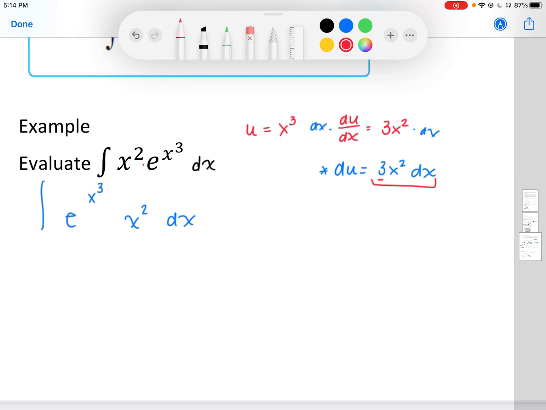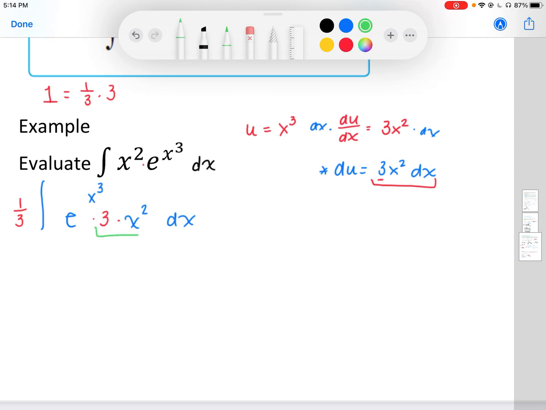A 3 is missing. Well, we can go ahead and multiply by 1, a special one. So we're going to use 1 over 3 times 3. That's still 1. We're not changing the value of it. So I can write a 3 and a 1/3 because they're being multiplied, right? So we're not changing the value, it's 1.